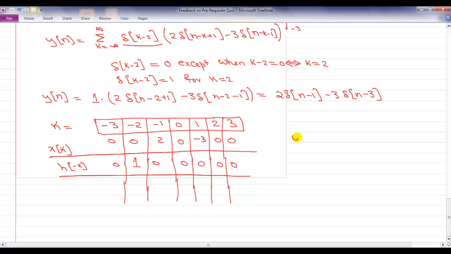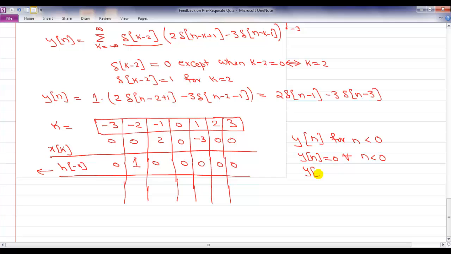If you want to compute y of n for n less than 0, that means that you will be sliding this h of minus k left. And if you keep on sliding this to the left, it is always going to be multiplied with 0. So all of this will be multiplied with 0, 2 times 0, 0, 0. And the summation will always be 0. Right? So you don't have to compute all the slidings to the left. You can simply say that y of n is equal to 0 for all n smaller than 0.